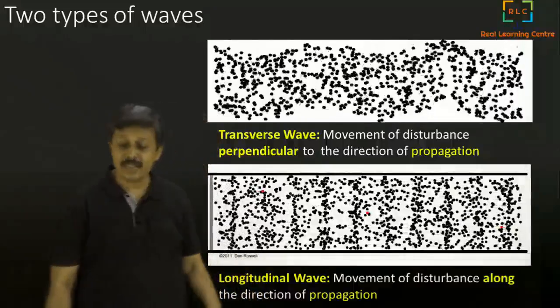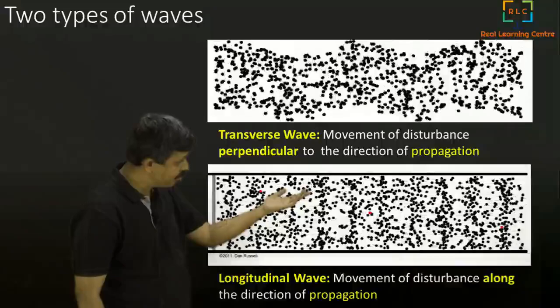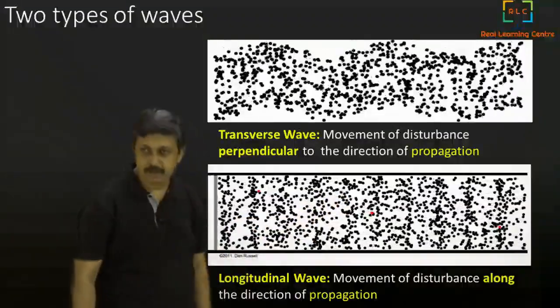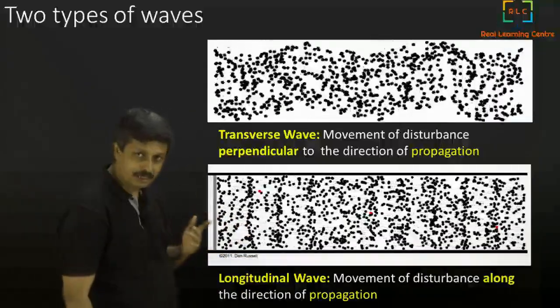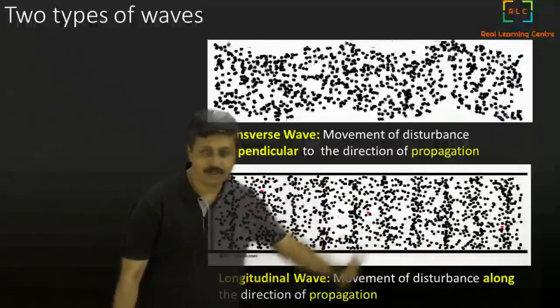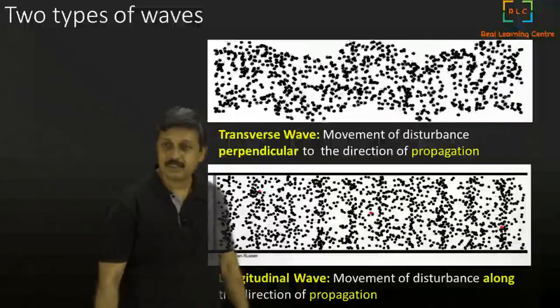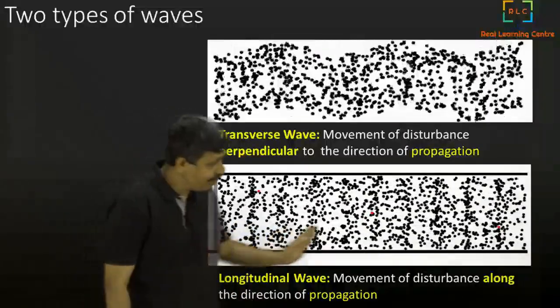Now, if you see the next one, it is not like this. Here, every particle, if you carefully watch, is only moving left and right. No particle is actually moving from end to end. All of them are just moving left and right. And the disturbance itself, as a wave, is also propagating from left to right.